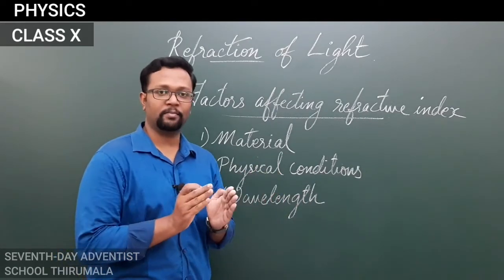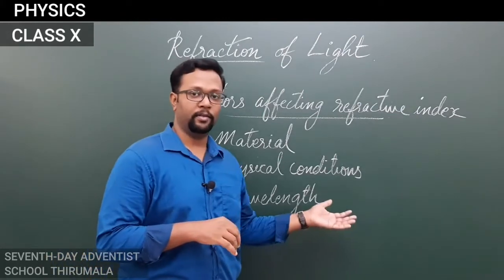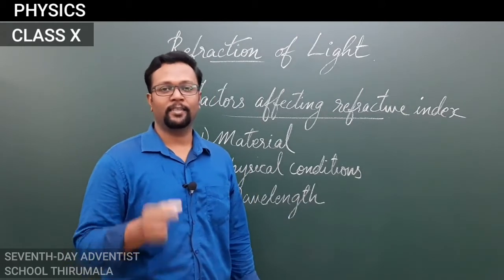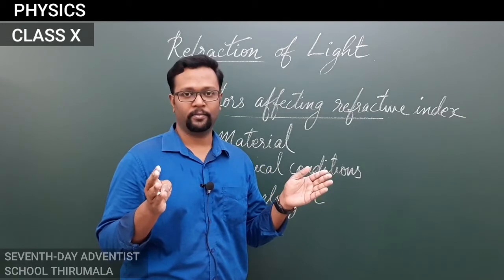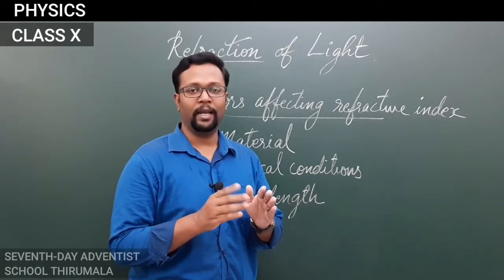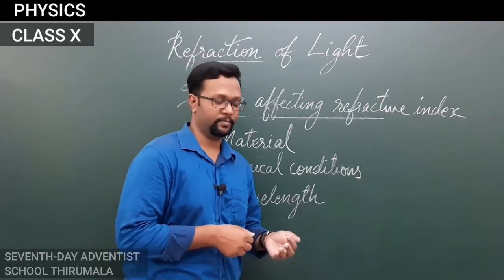If the wavelength is small, the refractive index will be high. For example, in the visible spectrum, violet light has small wavelength and red light has larger wavelength. That means violet light will have a higher refractive index than red light.